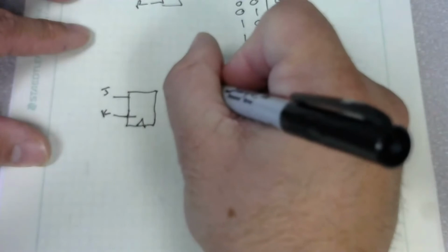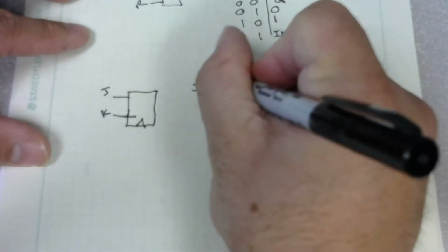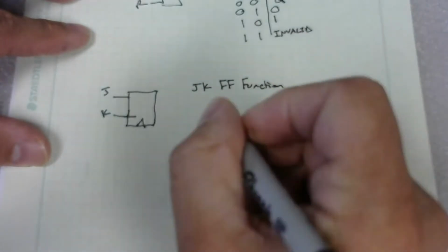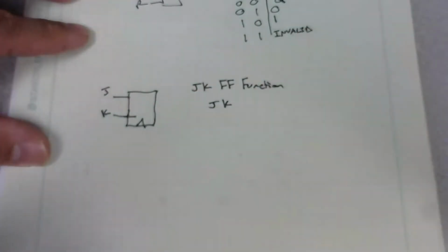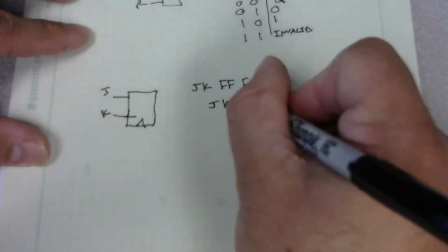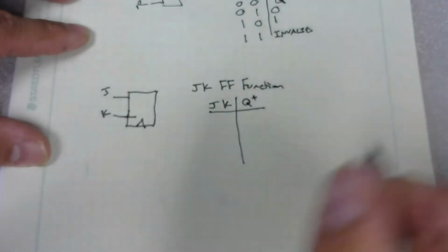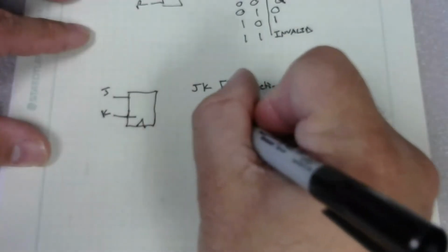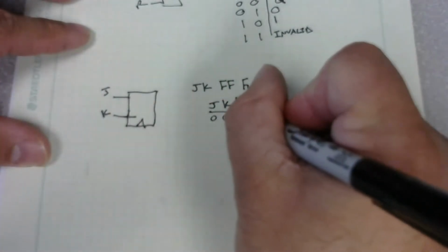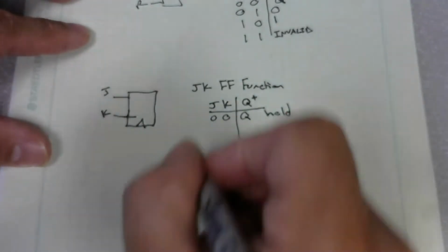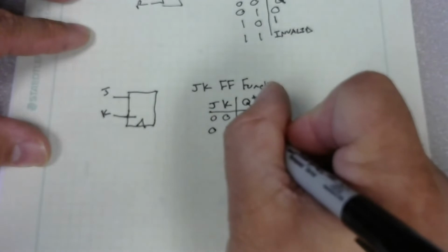And so its function table, so the JK flip-flop function table, it's like this. We have JK, and then our Q plus, like that. And we put 0, 0, we just get Q. So it's a hold again. So we have hold one more time. 0, 1, it's a 0.